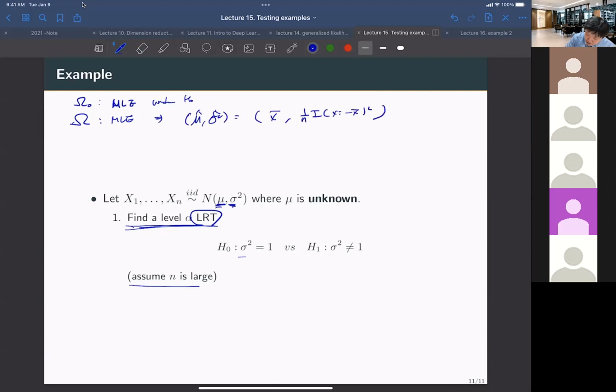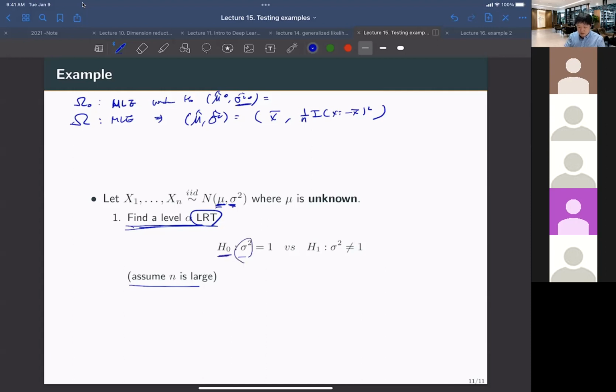And the MLE under H0. What is the MLE for sigma squared under H0?